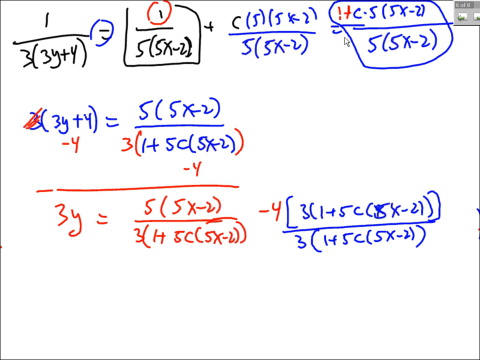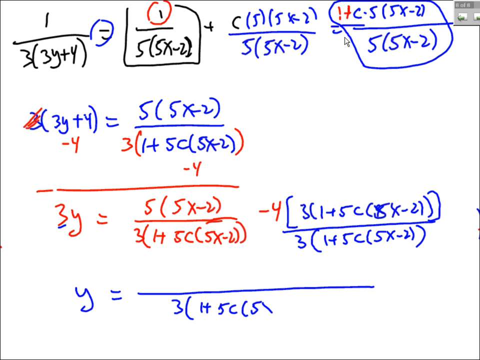Now you divide by that 3. So y is going to be, this is the current bottom before I divide by the 3. So I can cross off that 3 and put it down here. And of course 3 times 3 is 9.